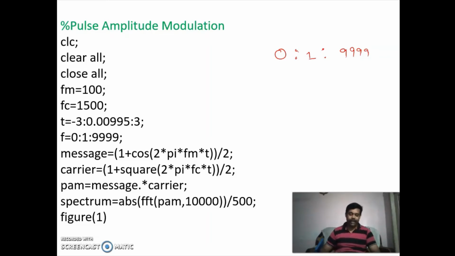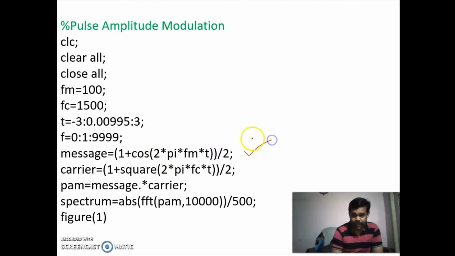Then we are defining the message signal and carrier signal. The message signal is (1 plus cos 2 pi fm t) divided by 2. We have defined the message signal. Next we are defining the carrier signal.